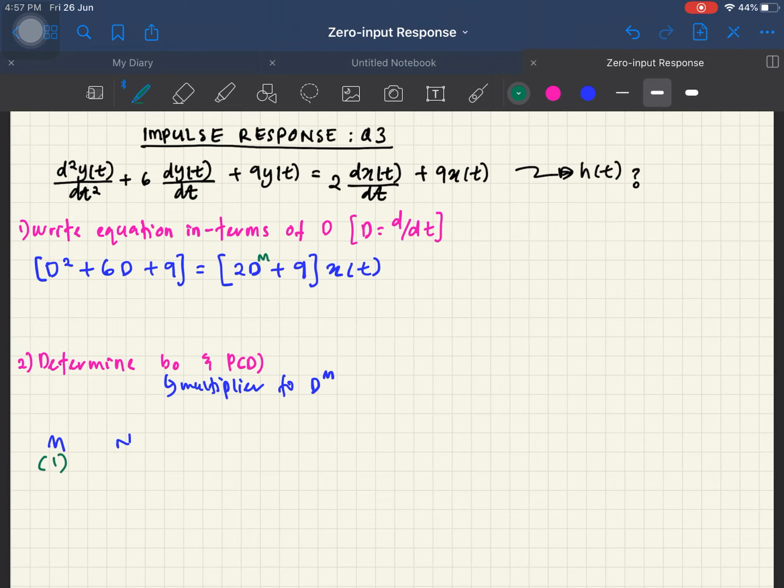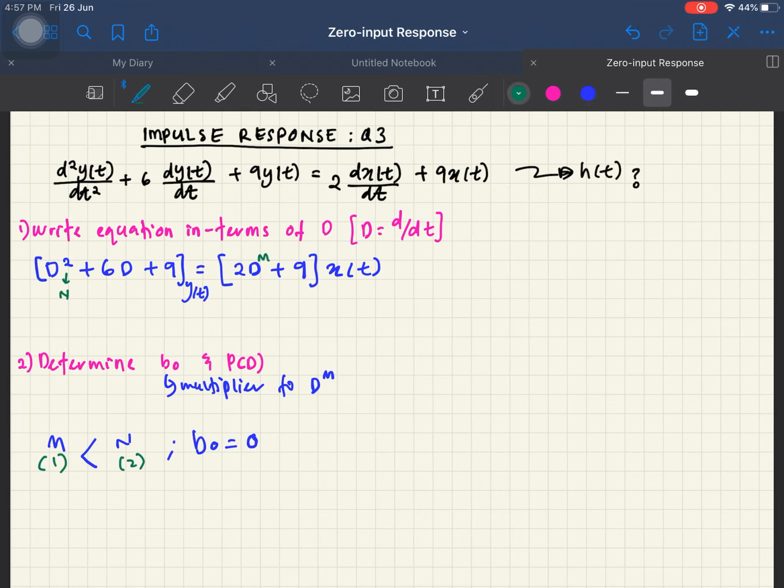And n is the highest power of D in y(t). Oh, I forgot to write here y(t). So this one is n. We have n equals 2. So in this case, we have m, which is 1, smaller than n, which is 2. Therefore, we have b0 equals 0.